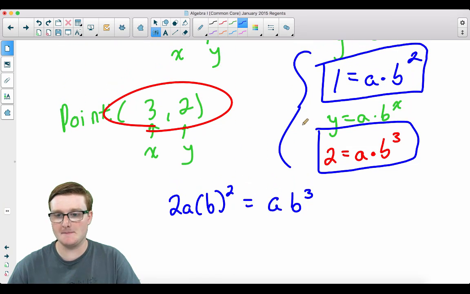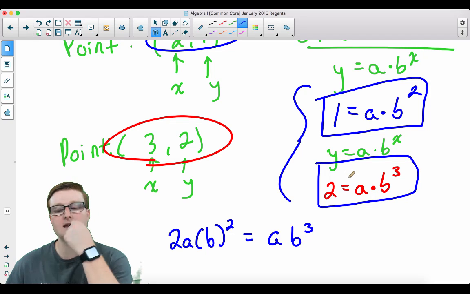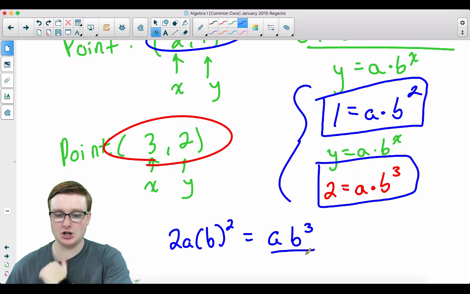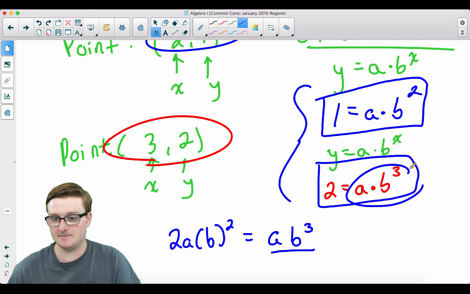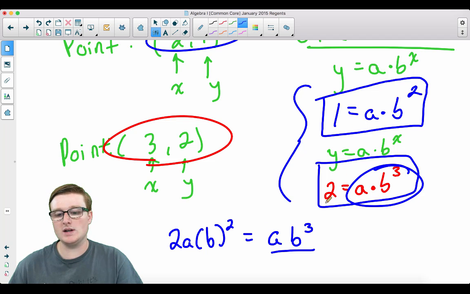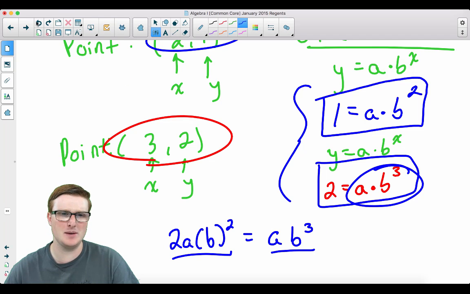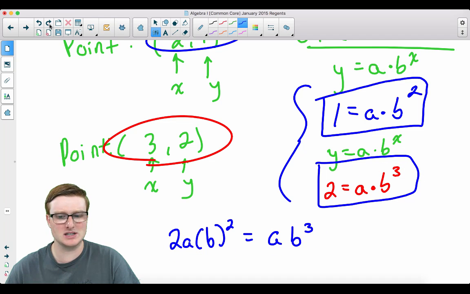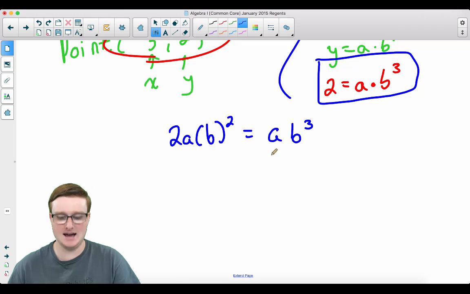Let me explain why. The ab to the third is right here. In order to make this the same as this, we need to move the 2 up here and double this. Because this has a 1 and this has a 2, we need to double this in order to make it equal to this. I hope that makes sense to you. It is a little hard to explain, but that's what's happening here.